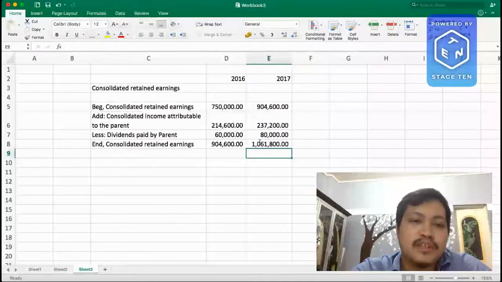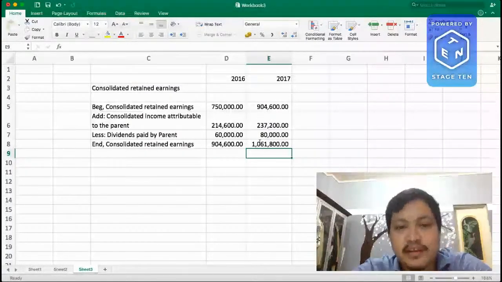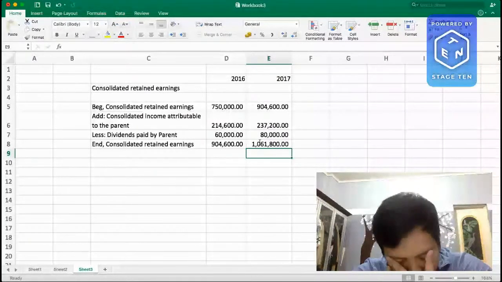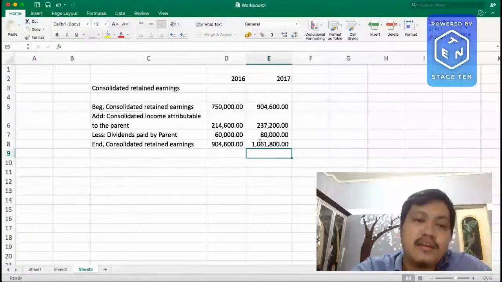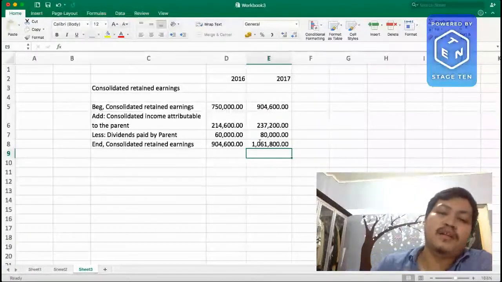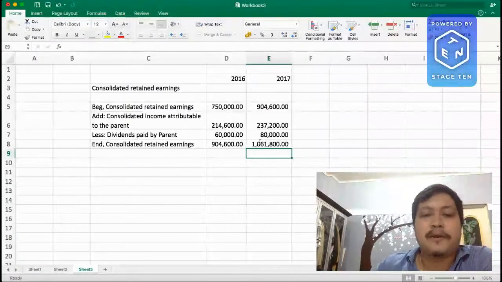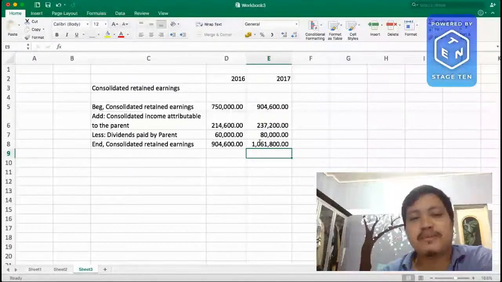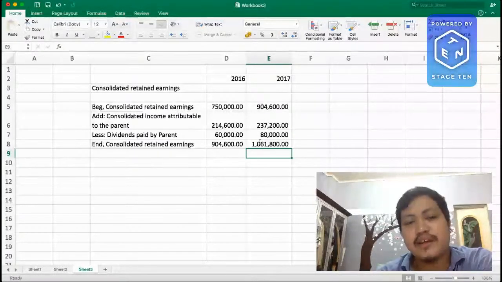But of course, we expect the income of the subsidiary to be greater than the dividends paid by the subsidiary. So those two things, class, would be the source of the difference between the retained earnings of the parent and the consolidated retained earnings.